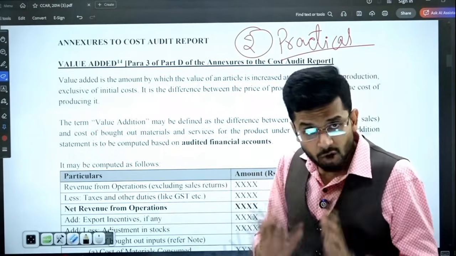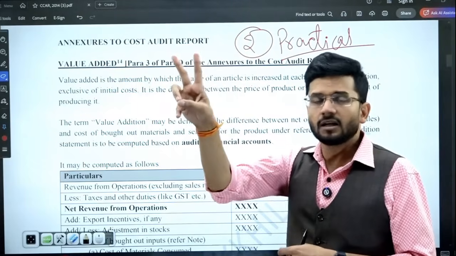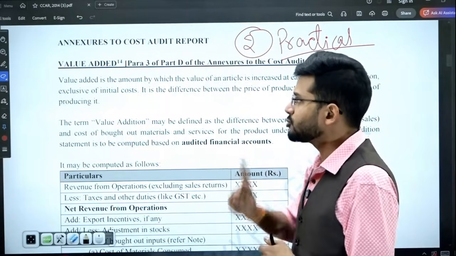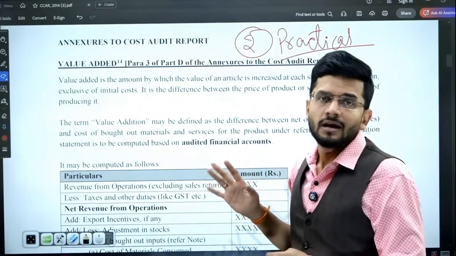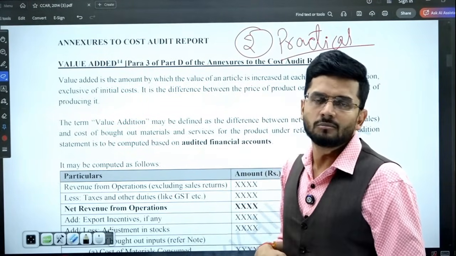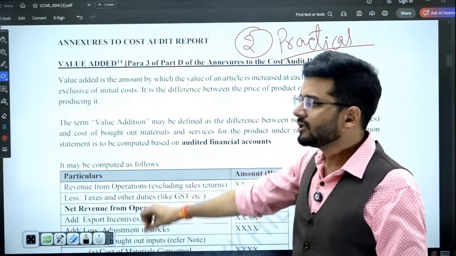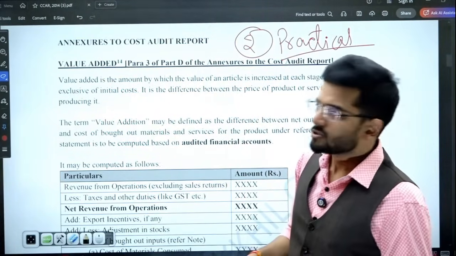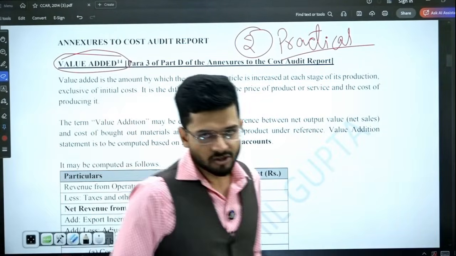So for this marathon, I have picked up 2 important practical questions, and those are value addition and reconciliation statement. I feel that questions are asked more often from these 2 aspects, value addition and profit reconciliation statement. So let's first start with value addition, then we will start the profit reconciliation statement.